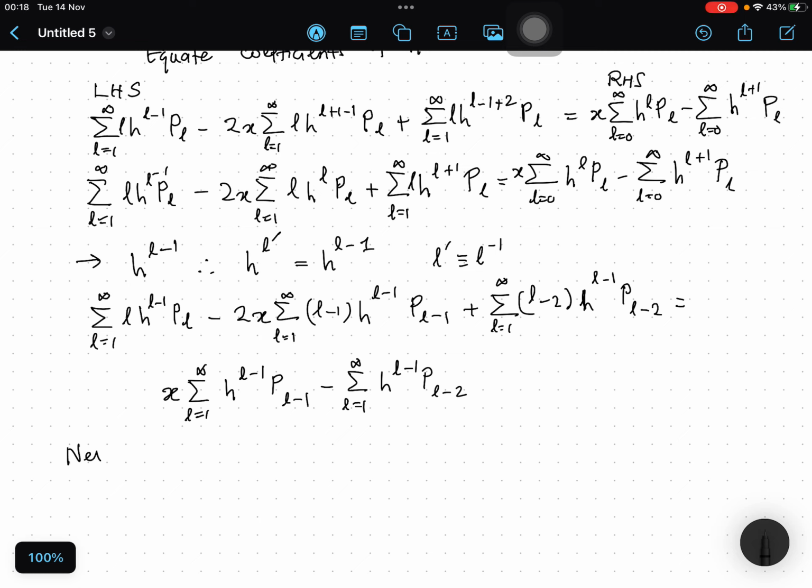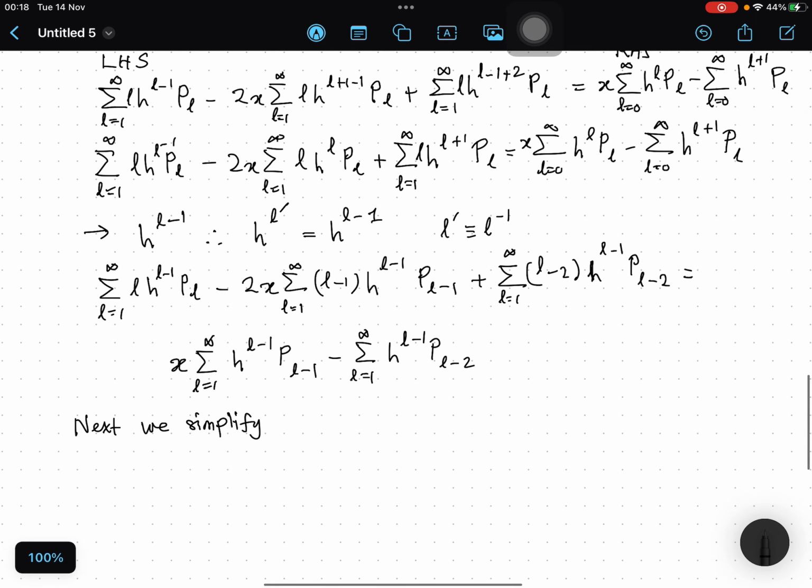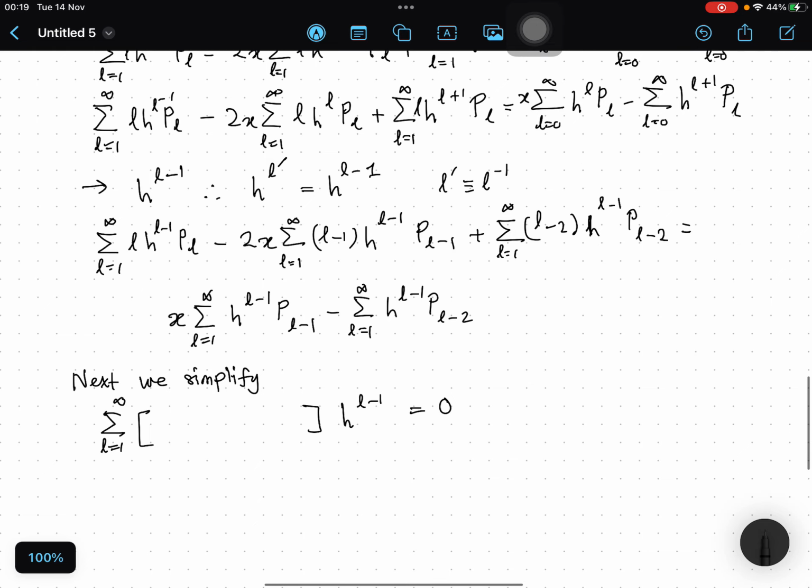Next we simplify. So you can just put minus 1, hl minus 1, and make it equal to 0. So what you have: L pl minus 2x, looking at the same footing, hl minus 1, pl minus 1.